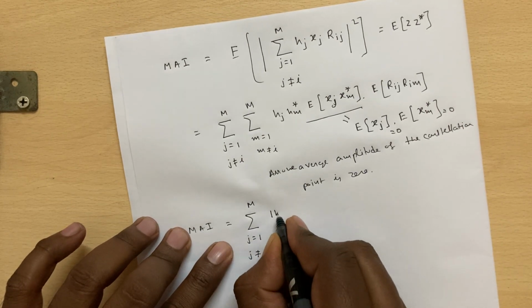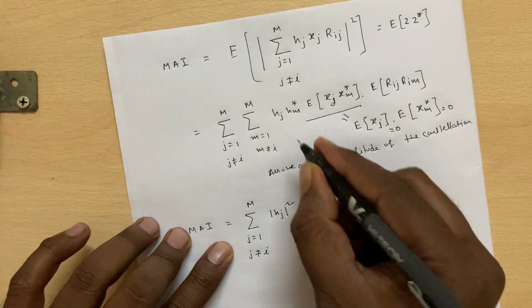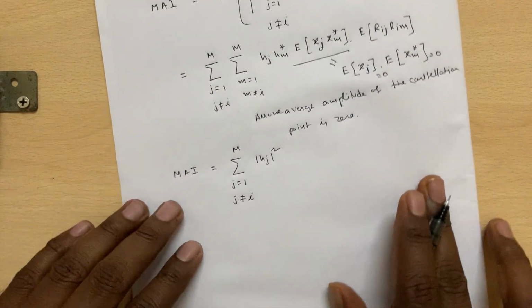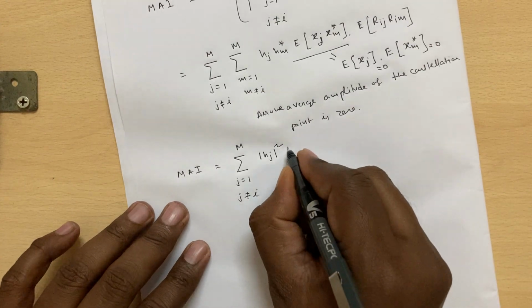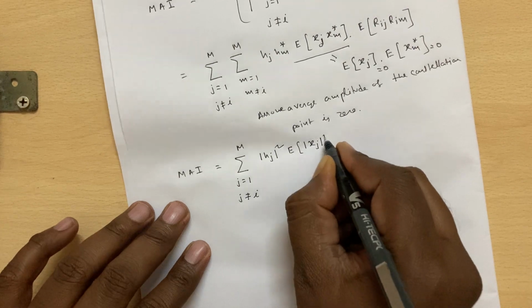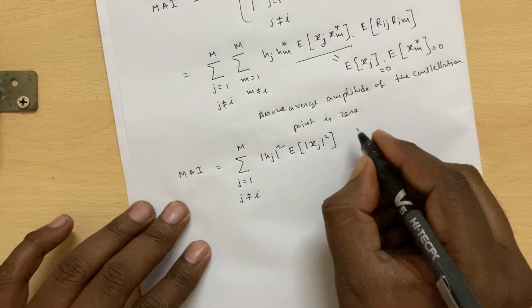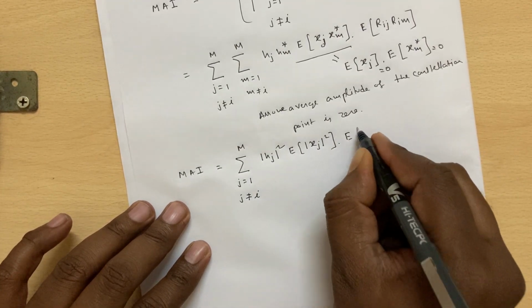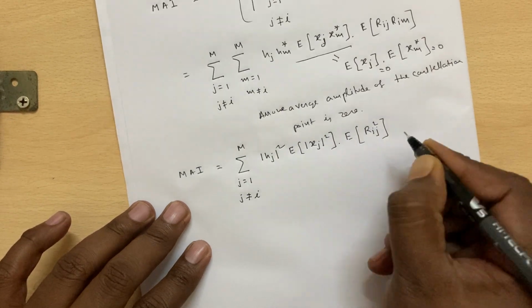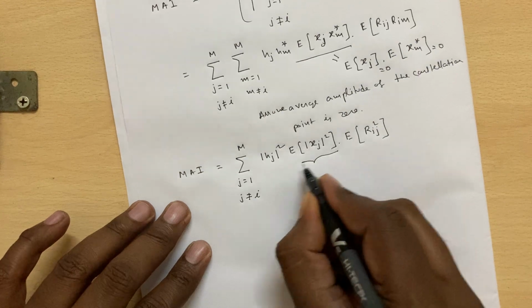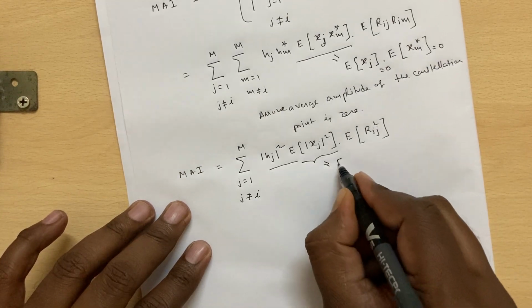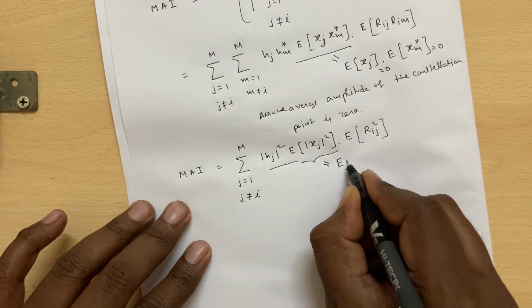So it will be mod hj square, since hj into hj conjugate is mod hj square, times the expectation of mod xj square, and into the expectation of Rij square. Again we are writing this in terms of the received symbol energy or received power from the jth user, say Ej.